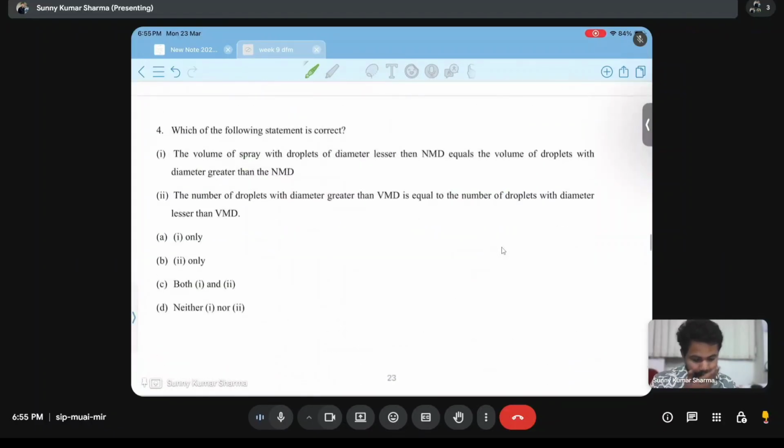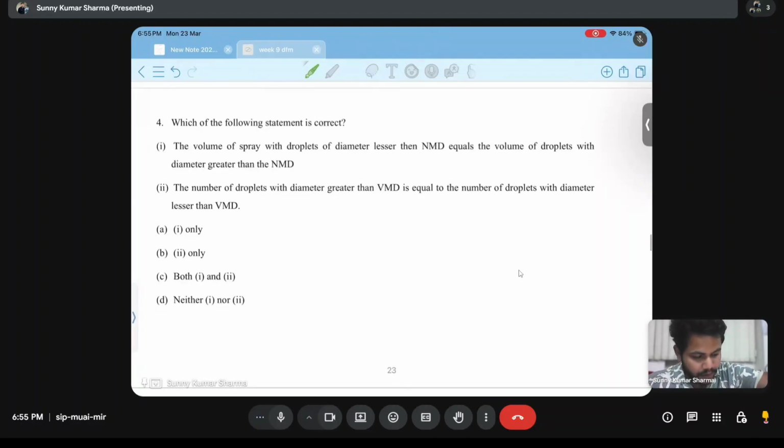So the next question is whether the following statement is correct. You just read this statement and tell me. The volume of a spray with droplets of diameter less than NMD equals the volume of droplets with diameter greater than NMD. It is false. Why?